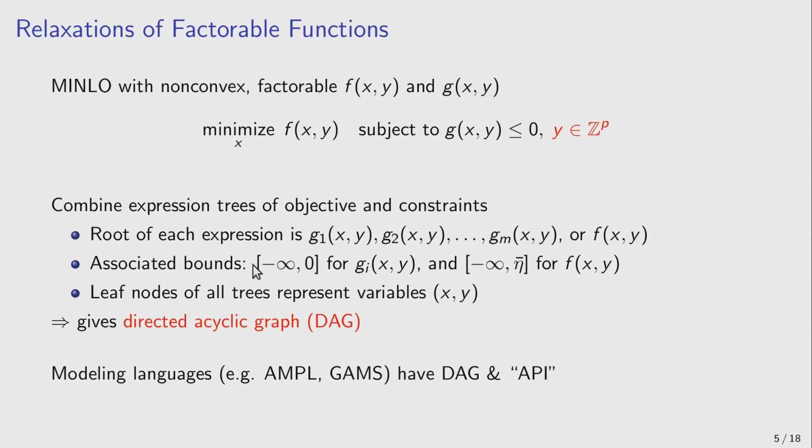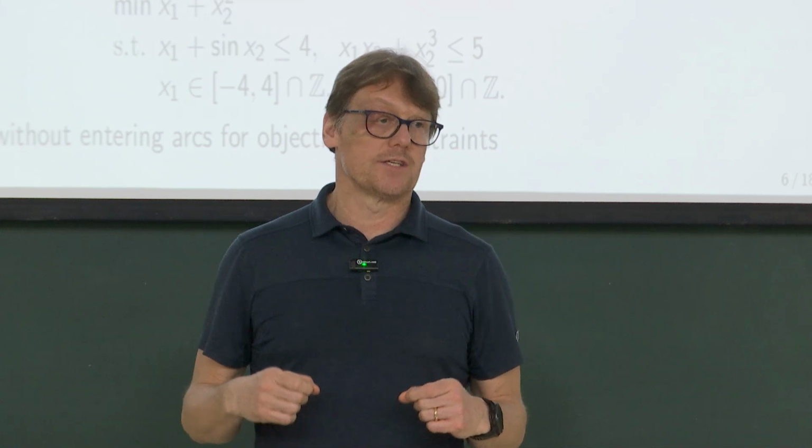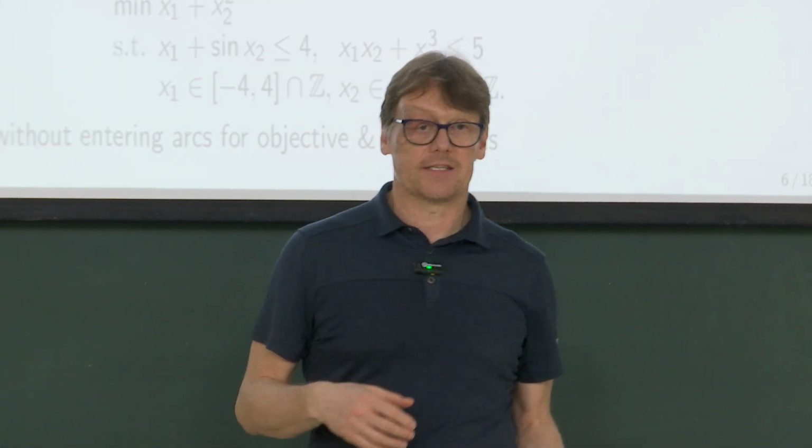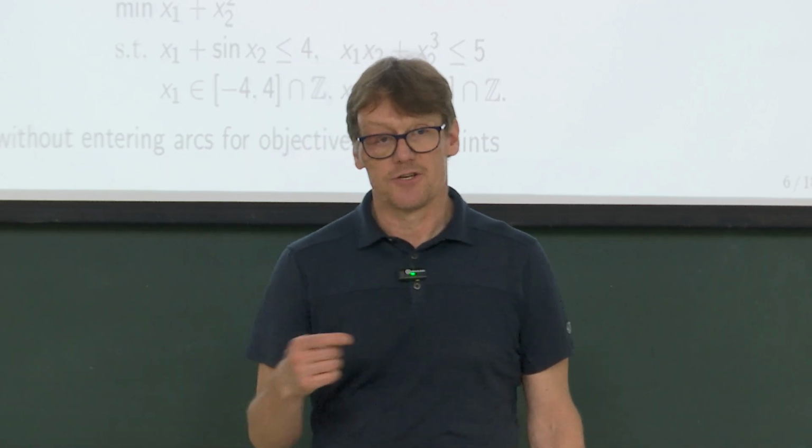And so in our case, the bounds on the constraints are -infinity and 0. And on the objective, if we have an upper bound, then we put that upper bound, and otherwise the lower bound is -infinity as well. So the bounds are kind of separate from the graph structure. And that's good because it allows me more freedom if I had lower bounds, for example, or other expressions, equality constraints, then I might want to treat this differently.